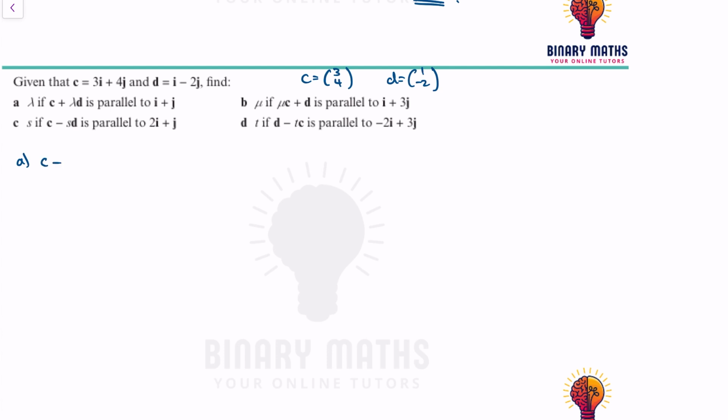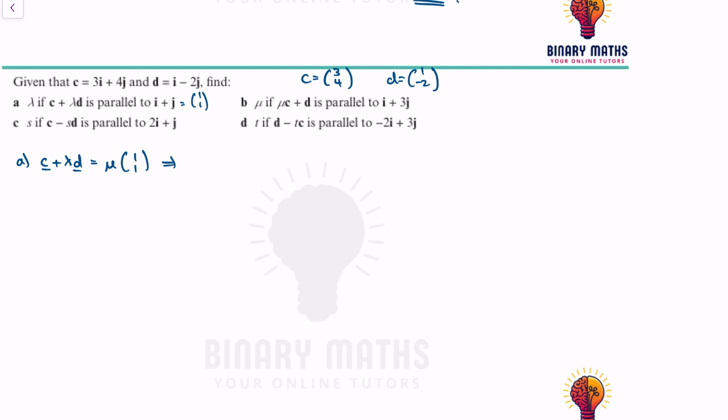So C plus lambda D is parallel to i plus j, means it's parallel to mu times i plus j, which can be written as (1, 1). So mu times (1, 1).